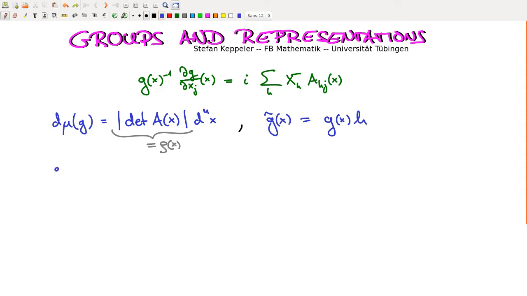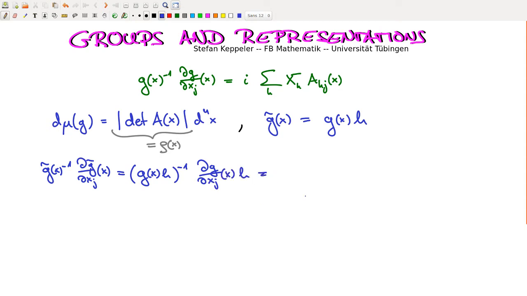What do we have to do? We write g tilde of x inverse dg tilde of x, dxj of x. And now this is g of x times h inverse dg dxj of x times h.